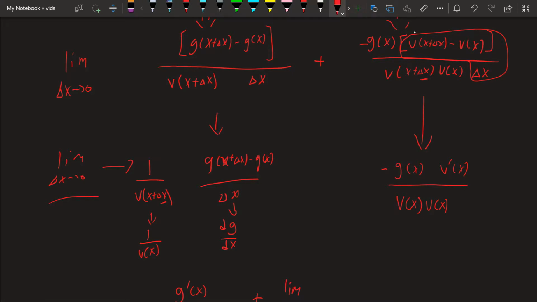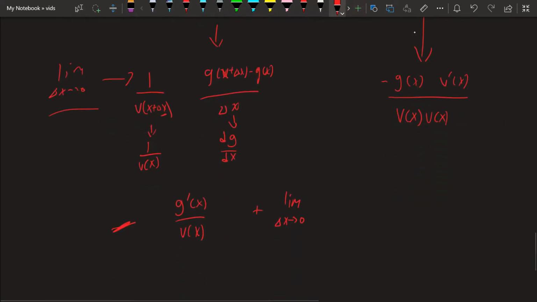When the delta x goes away, because this whole fraction from here to here just means the derivative. So if the limit is applied, it simplifies into minus g of x v prime x over v squared of x, right? We already applied the limit, so we can remove it.